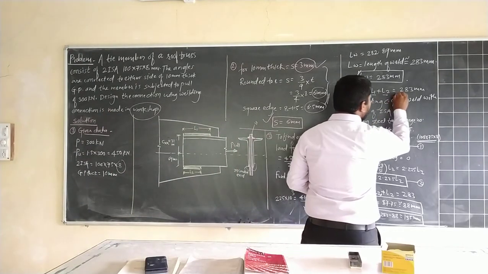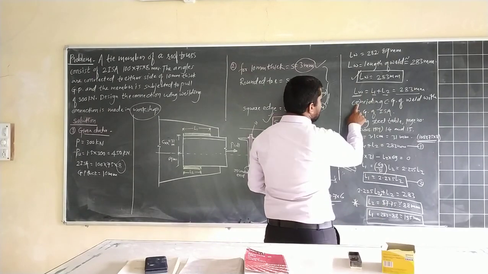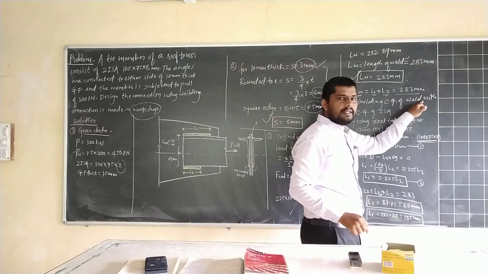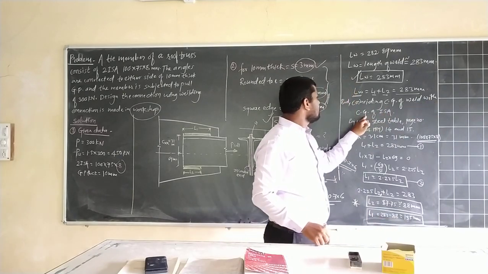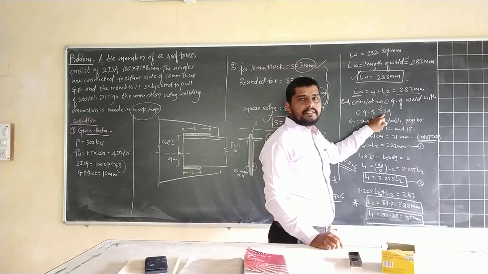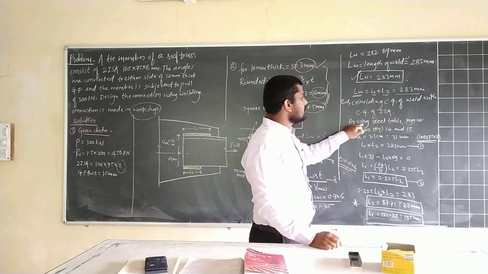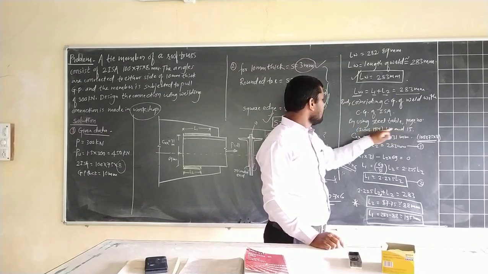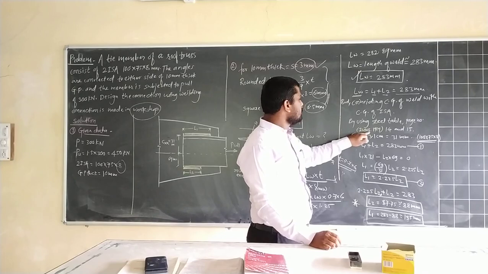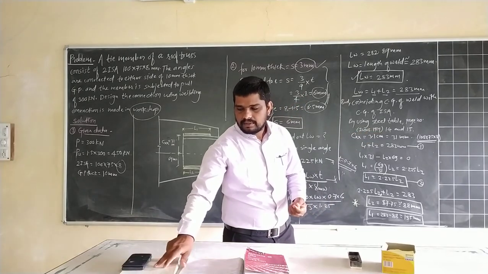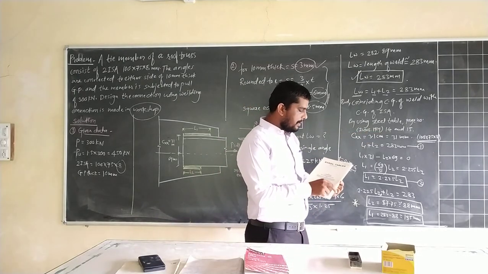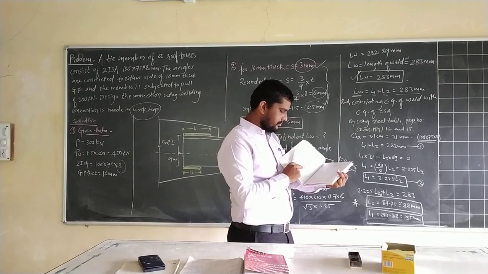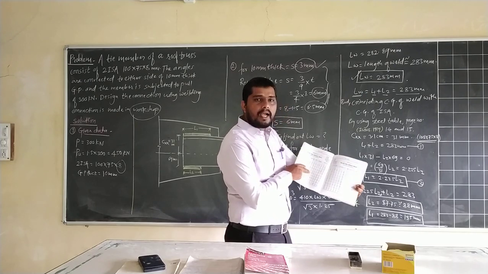But by coinciding the CG of the weld with the CG of the angle section, Indian standard angle section, we use the steel table, page numbers 14 and 15, that is IS 808 1989.